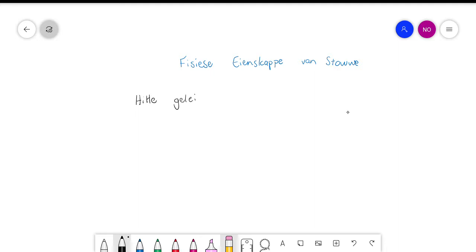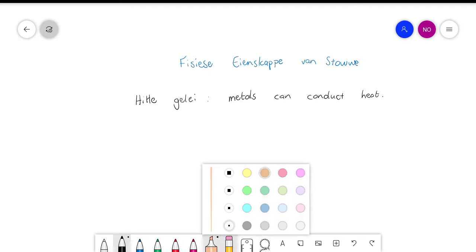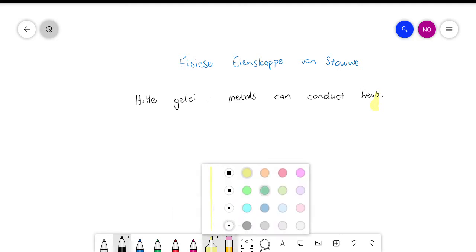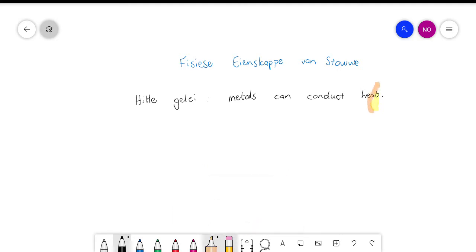En julle het hom gehighlight in julle boeke, and it's important to remember that when we are talking about conducting heat, it is normally your metals. Good.